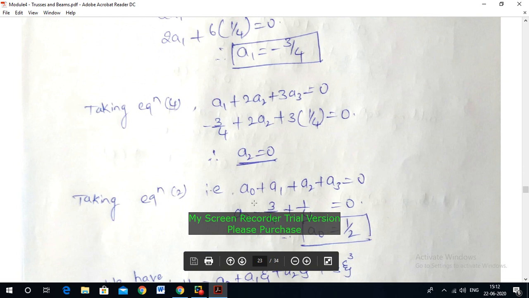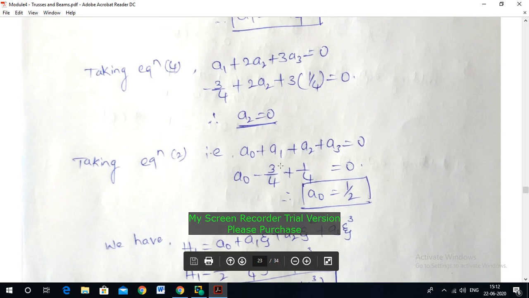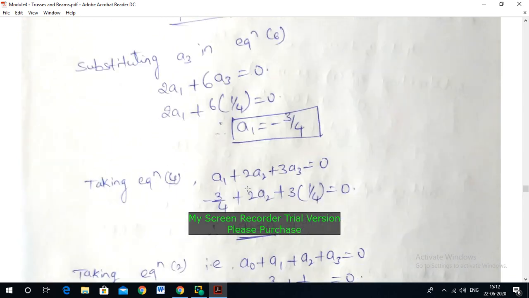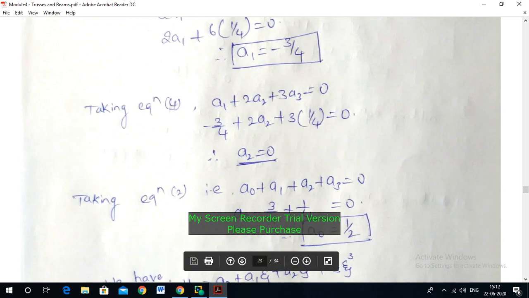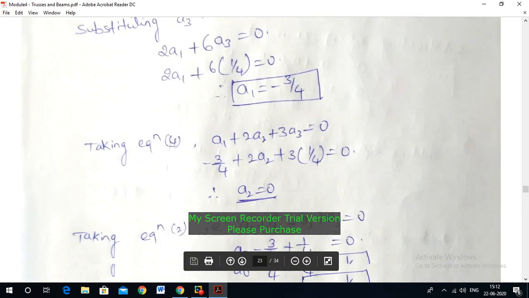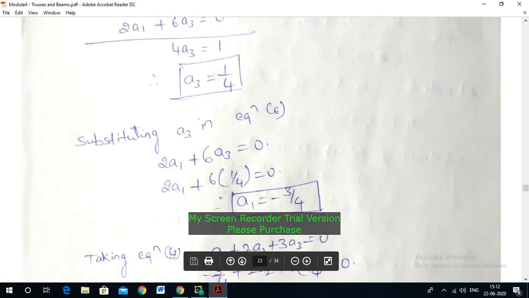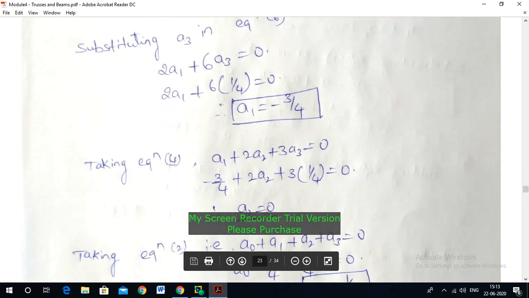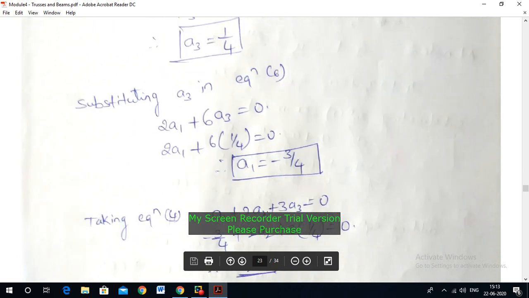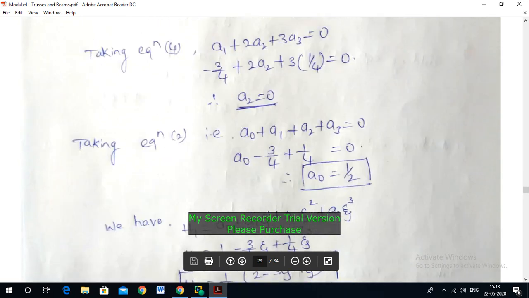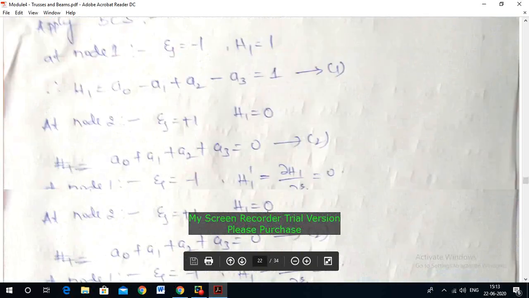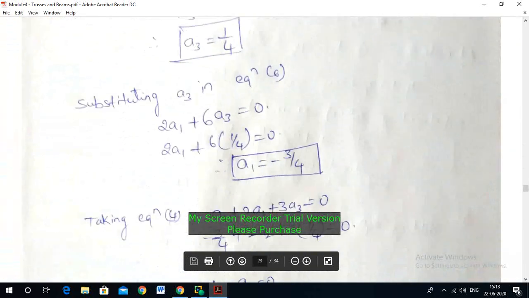Next, taking equation number 2, that is a0 plus a1 plus a2 plus a3 equal to 0, substitute all the values. a1, a2, a3 we know already, a3 is 1 by 4, a1 is minus 3 by 4, a2 is 0.